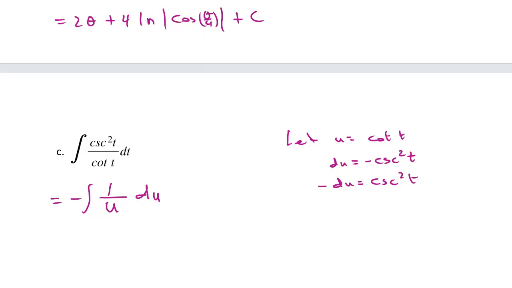All right, so let's see. We've got the negative du, and that was our cosecant squared t. That's accounted for. dt. I forgot my dt on the end there.